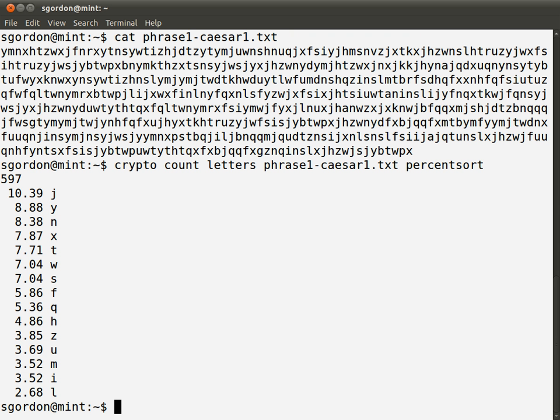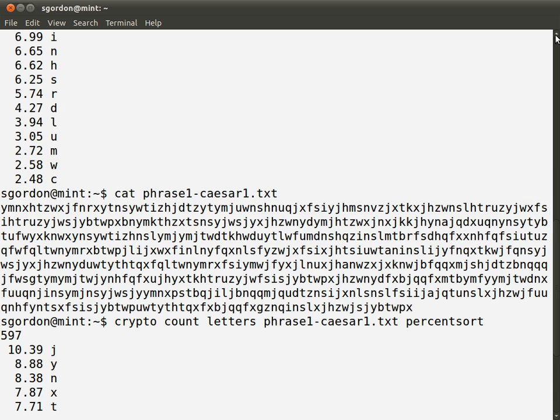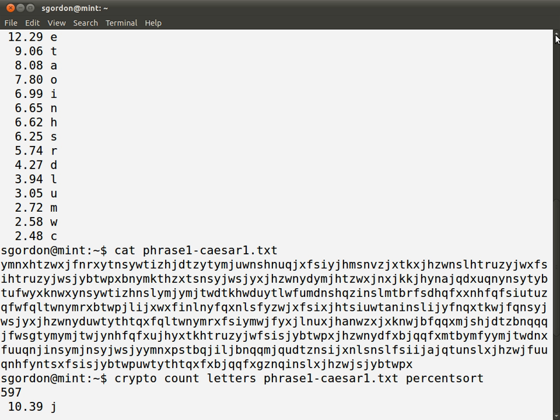And in our example English book, the most frequent letters, if we scroll up, are E, T. So given the frequency of letters in English, we'd expect these letters to be most frequent in the plaintext.